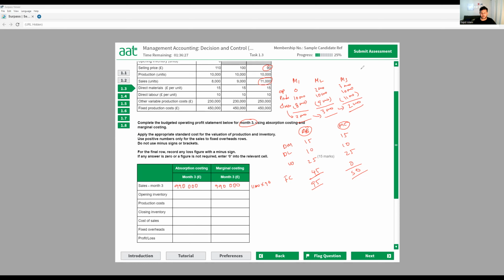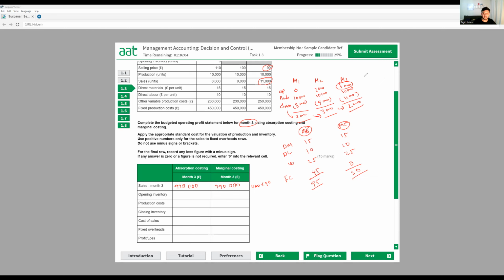The next one, we have opening inventory for month 3. If you remember, the opening inventory we have calculated is 3,000. So under the absorption costing, we need to calculate 3,000 times, and we have to see what the question said about the inventories. Be very careful with the question.